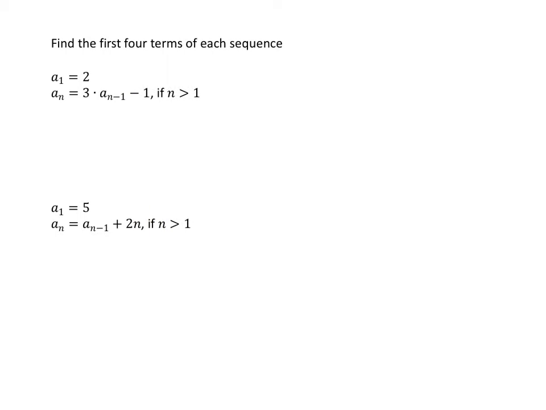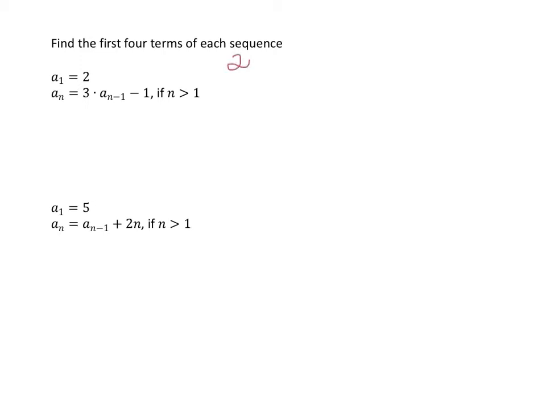So here are some examples using a recursive sequence. We're told that a sub 1 is equal to 2, and that if we're going to find any a sub n, that n we're looking for has to be greater than 1, so we can't put a 1 here. This first number we can put here would be 2. So when we're listing out the first 4 terms, we know that the first term is 2.